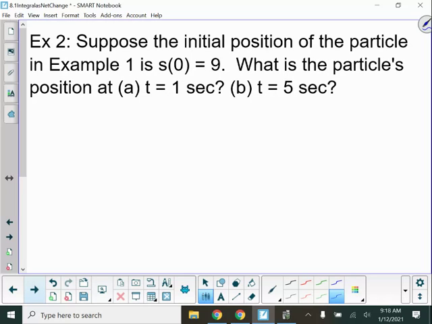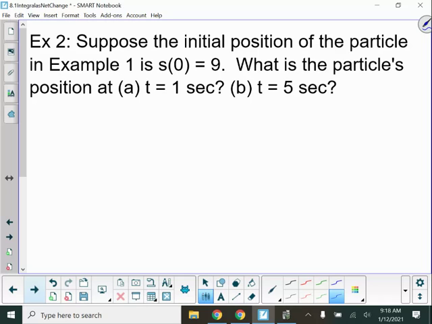So example 2, it says, suppose the initial position of the particle is 9. So we're starting at 9. We want to know what the particle's position is at 1 second and at 5 seconds.